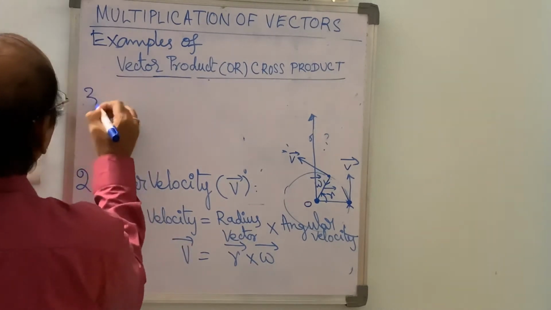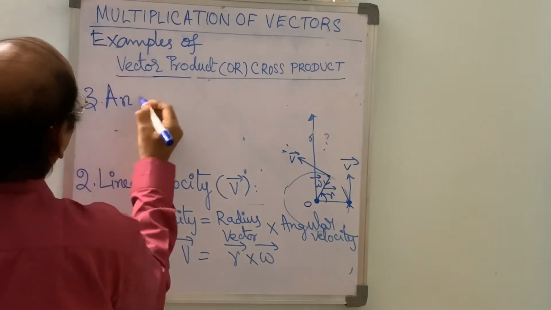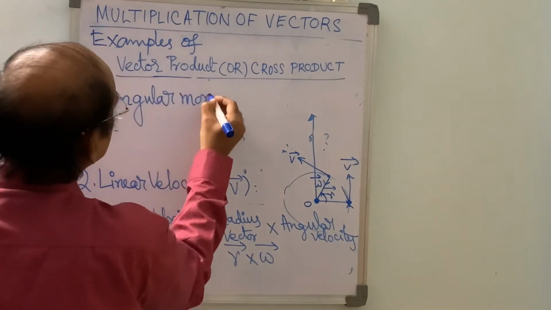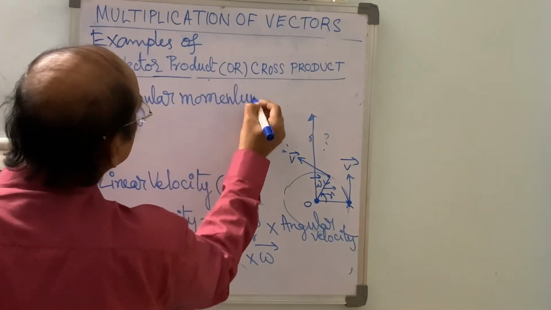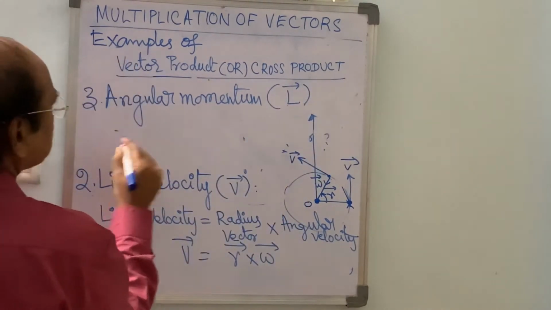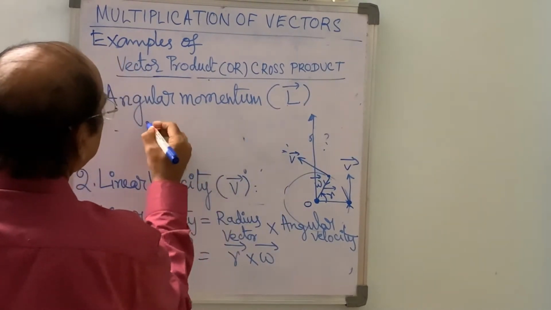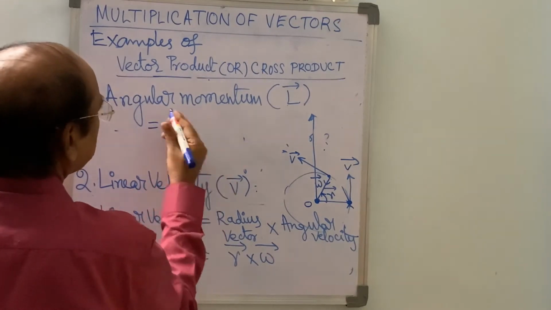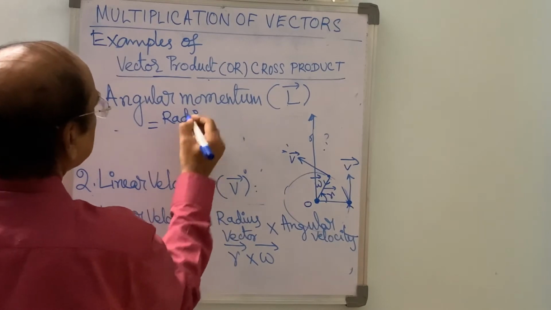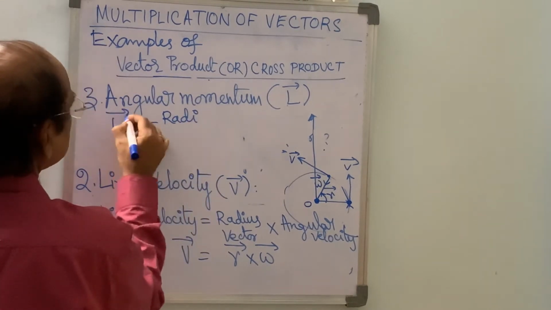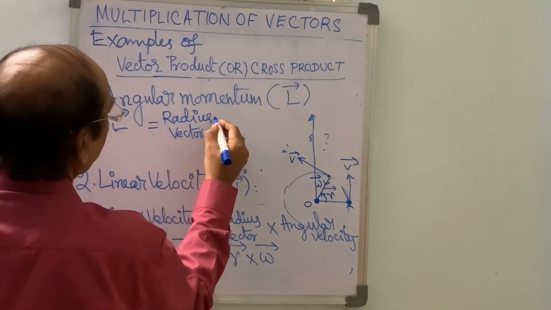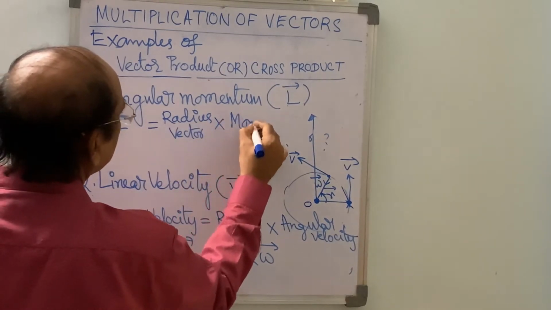Next, third example, angular momentum. Angular momentum of the body is obtained by taking the product of radius vector into momentum of the body.